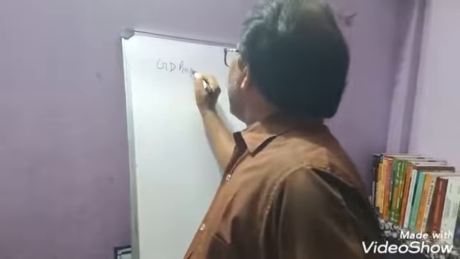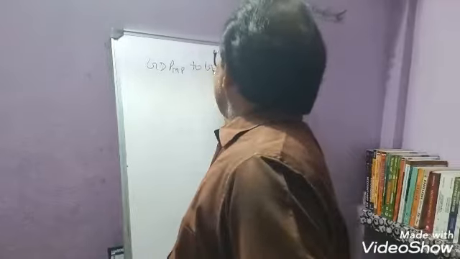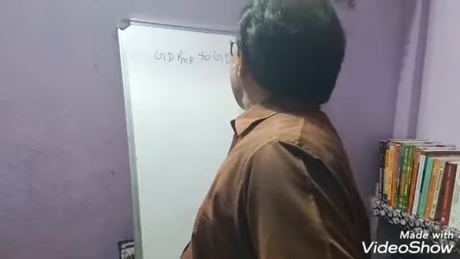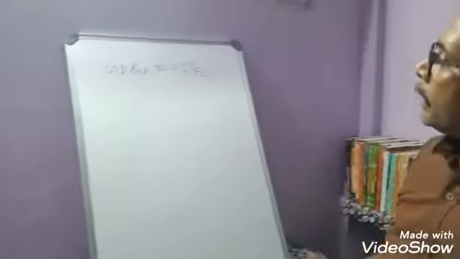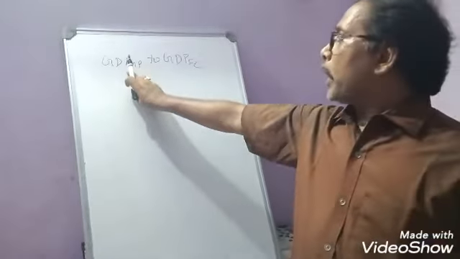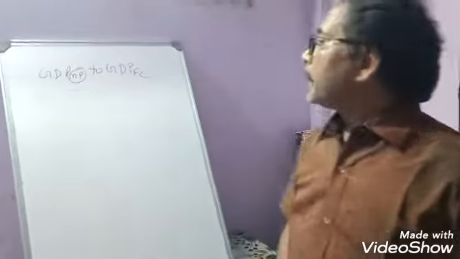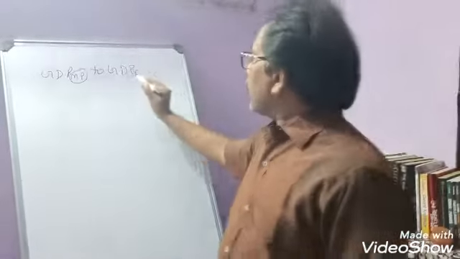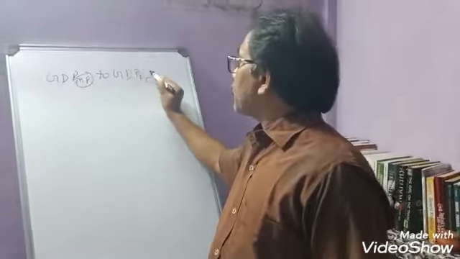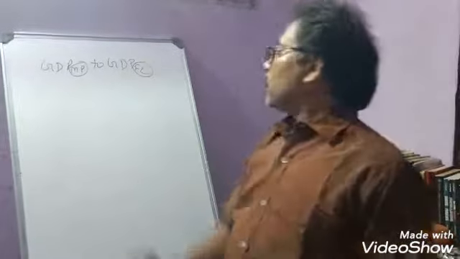So if we have to calculate GNP from NDP, in that case we will use plus depreciation plus net factor income from abroad. Like that, suppose we have to calculate GDP MP to GDP FC. Here that is the gross domestic product at market price, and here the same thing, gross domestic product at factor cost.